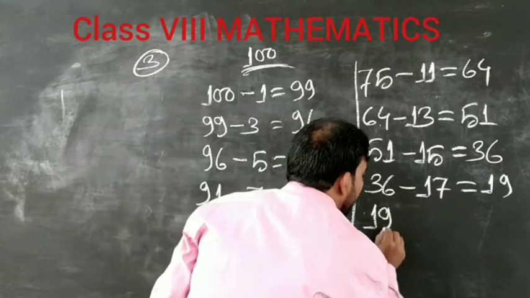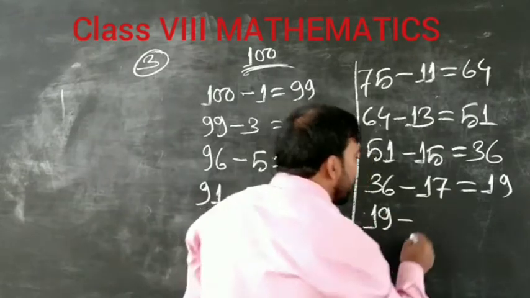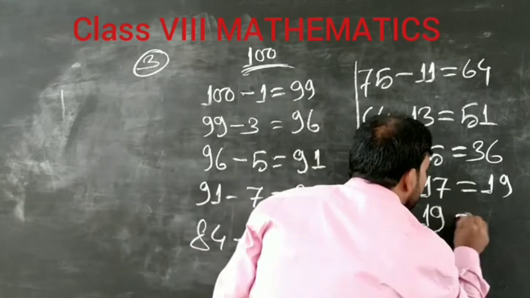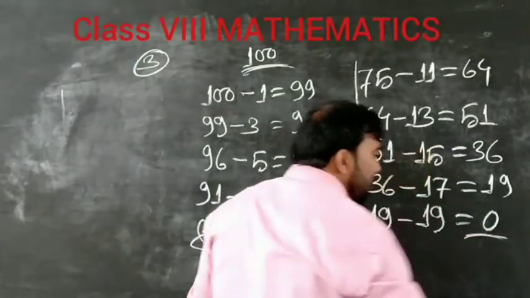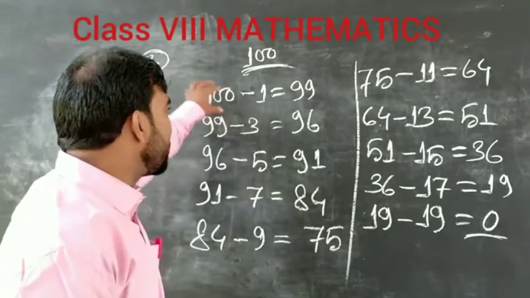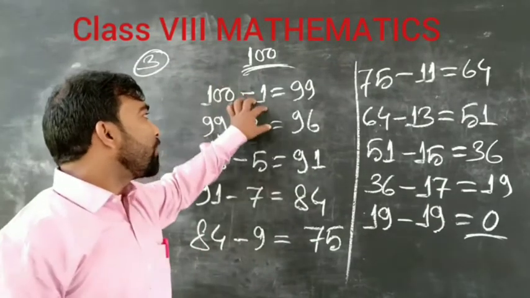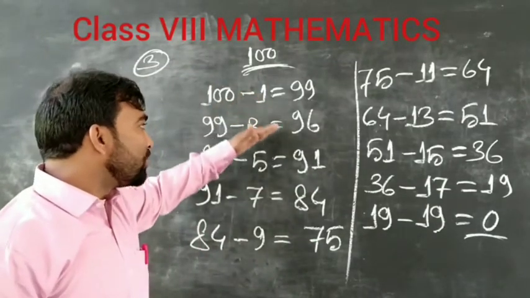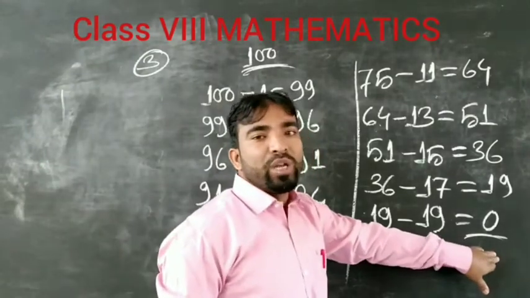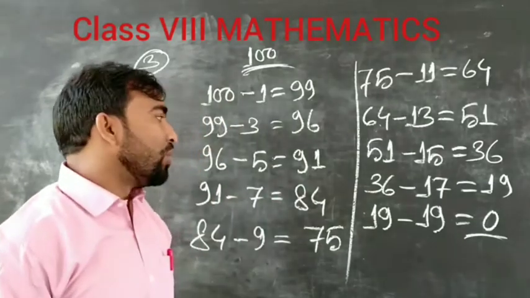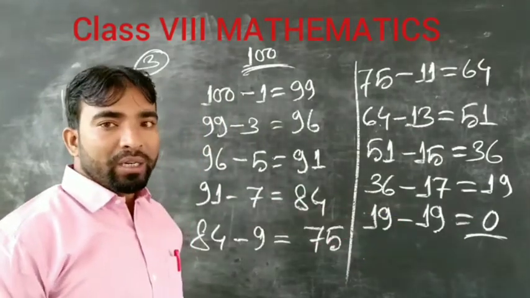Then 19, the next odd number is 19, we get 0. Look, in the last the result we are getting 0. So we will do the subtraction from the given number, starting from 1, with consecutive odd numbers, till the result we are getting 0. When the result is 0, our calculation is done.